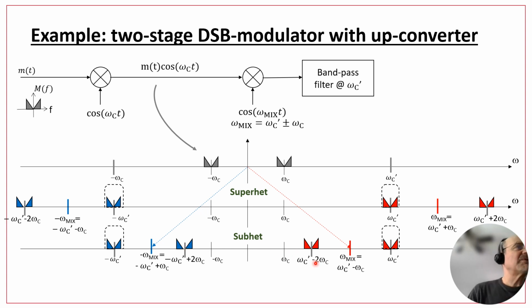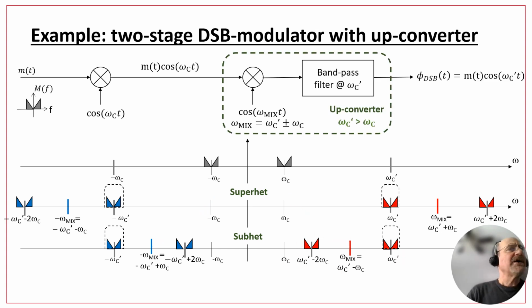Now, because we're doing subhet up conversion, the byproduct is not going to be a high frequency byproduct such as this one. It's going to be a low frequency byproduct, which still needs to be eliminated through the bandpass filter.